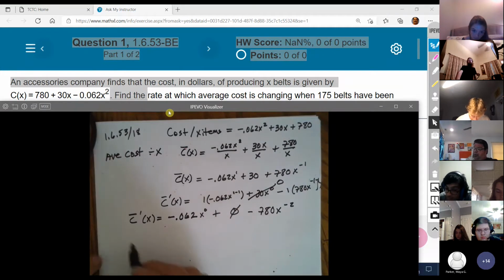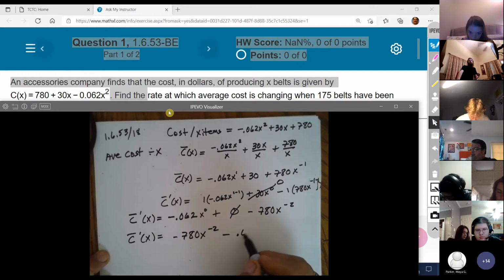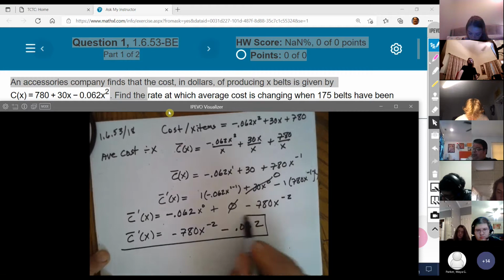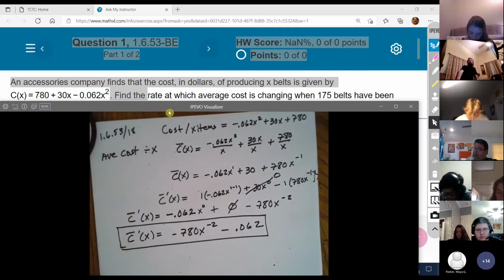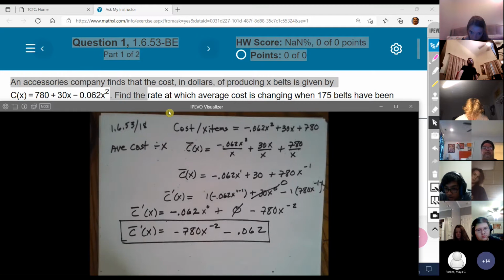And the final is negative 780x to the negative 2 minus 0.062. Now that is the formula for the slope, or the equation for the slope of the average cost.